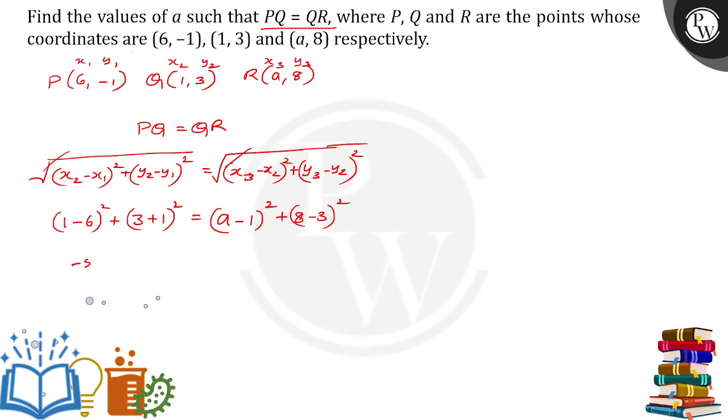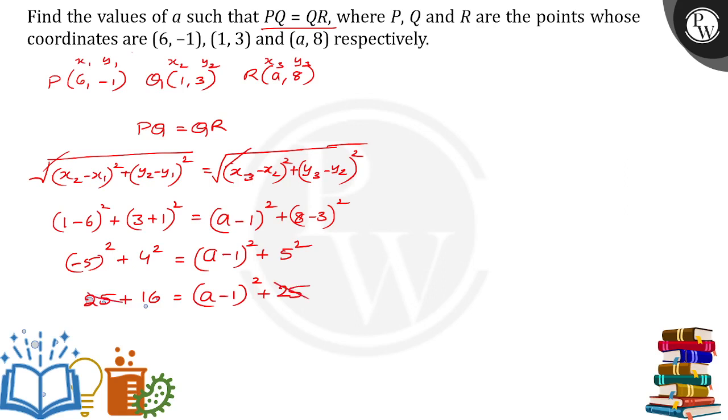So (minus 5) whole square plus 4 square is equal to (a minus 1) whole square plus 5 square. So 5 square is equal to 25. 25 plus 16 is equal to (a minus 1) whole square plus 25. So 25 and 25 cancel. Okay, I got (a minus 1) whole square is equal to 16.